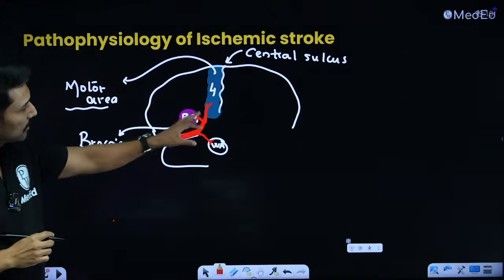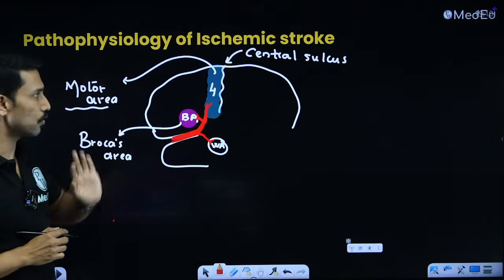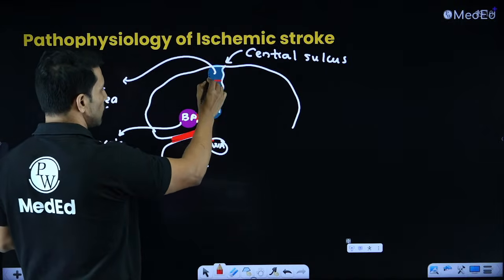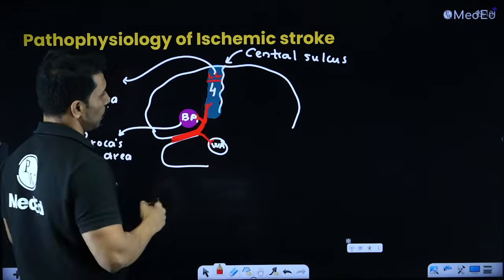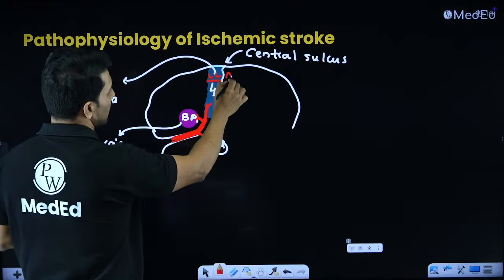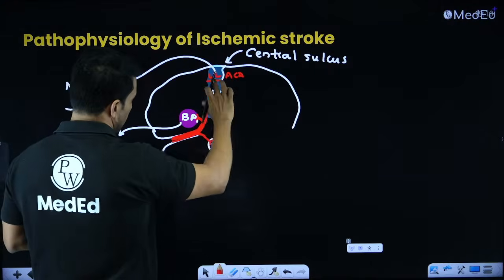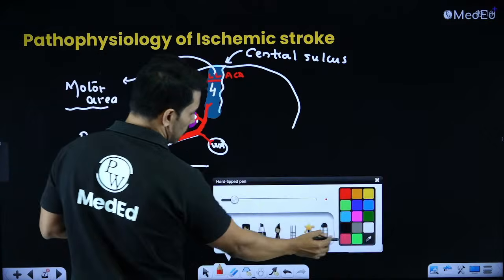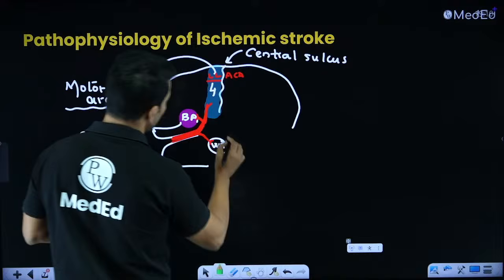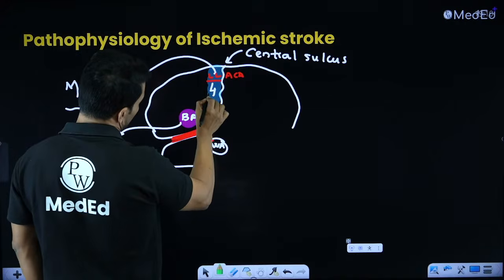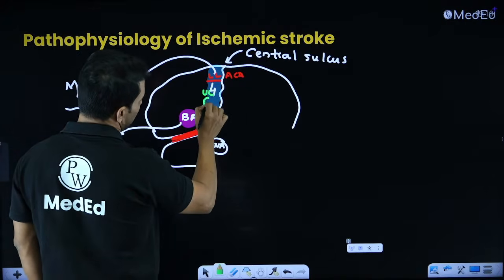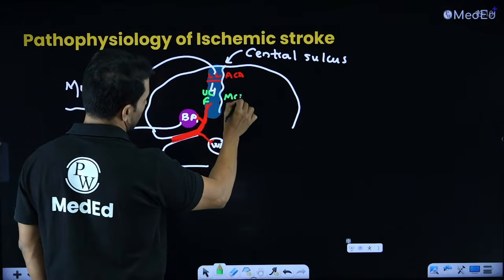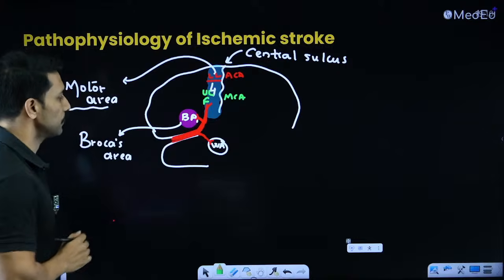The superomedial part of the motor area, which represents lower limb control, is supplied by the anterior cerebral artery, while the lateral inferior part, which is concerned with movement of the upper limb and face, receives its blood supply from the superior division of the middle cerebral artery, and so does Broca's area.